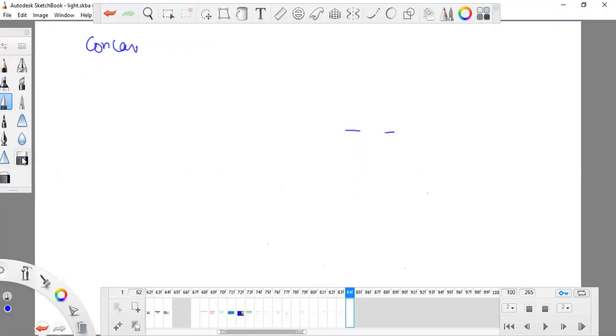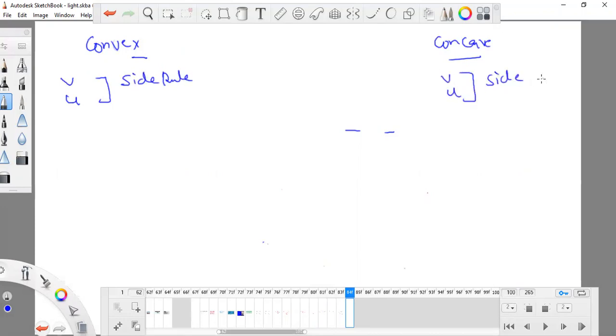Convex, and this is concave. Now for both concave and convex, we follow the side rule, where it is located, right or left, and according to this it will be positive or negative. But f will never follow the side rule.